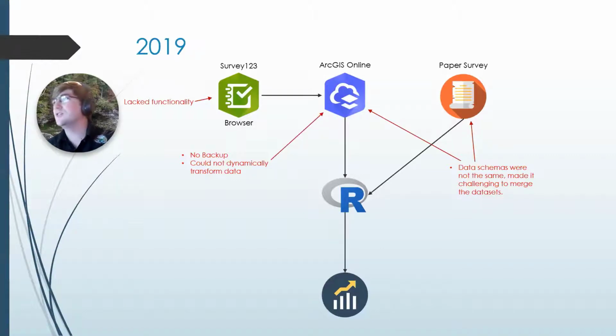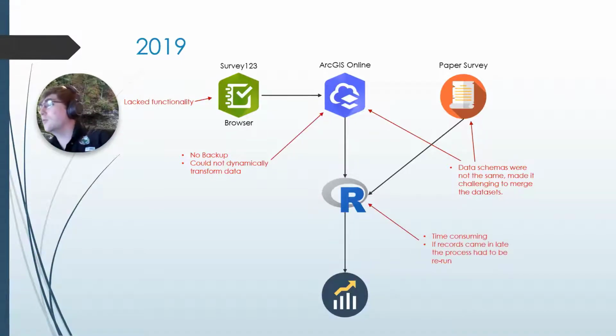And then also just taking a non-spatial product and trying to merge it with a spatial product was challenging. So in our case, on the paper survey, we didn't necessarily ask for the exact lat longs, or it wasn't mandatory, but the county and WMA, they would typically fill out. So taking centroids and getting the geometry that way took quite a bit of time to clean up and make work.